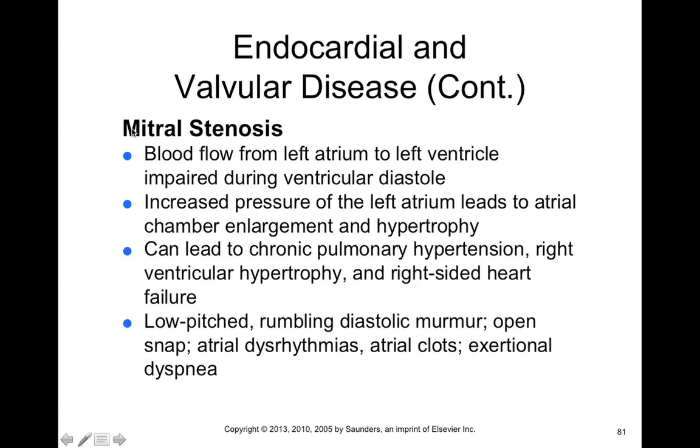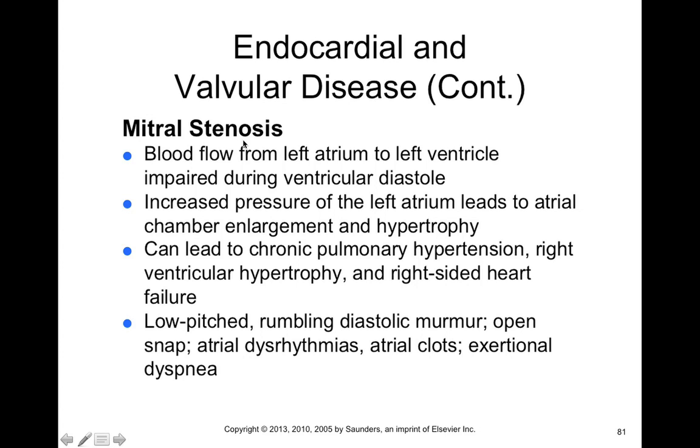If you have a stenotic, or narrowed, valve, blood flow from the left atrium to the left ventricle is impaired during ventricular diastole, because while the atria are also in diastole and filling with blood, the mitral valve could be open and therefore filling the ventricle with blood. But even during atrial systole, when the atria are forcing blood into the ventricle, blood is also being forced through the mitral valve.